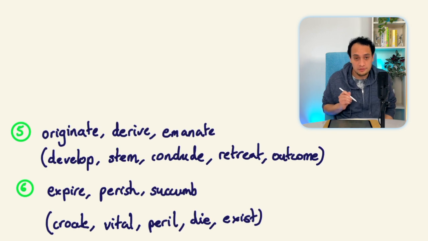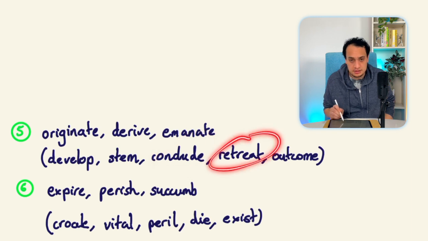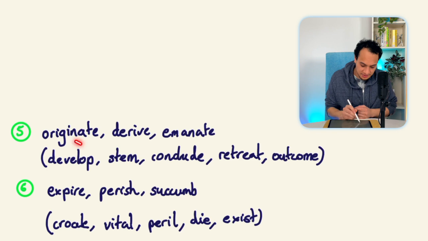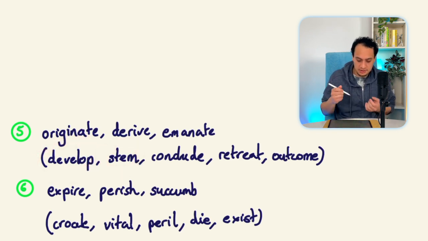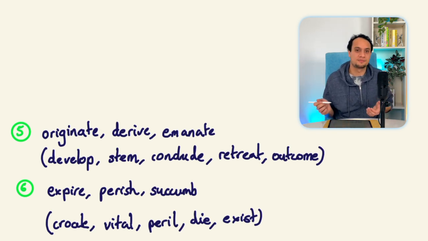Let's look at our 5 words. So we've got develop, stem, conclude, retreat, and outcome. I've put the 2 answers first. So we've got develop and stem. So something can develop from something, or it can stem from something.